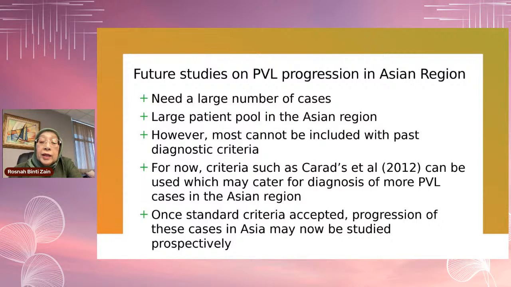And once standard criteria are accepted, progression of these cases in Asia may now be studied. So these are the future studies on PVL progression that I had planned prior to seeing this more recent publication on scoping. And now I think that is a good reference to use to go through doing this kind of study, and definitely the need for calibration.